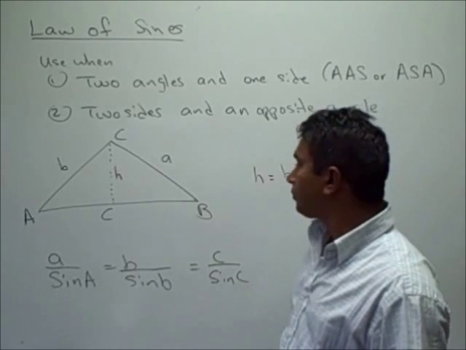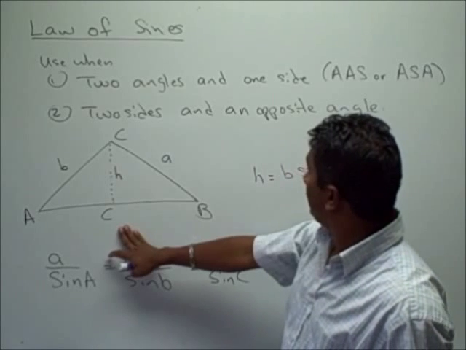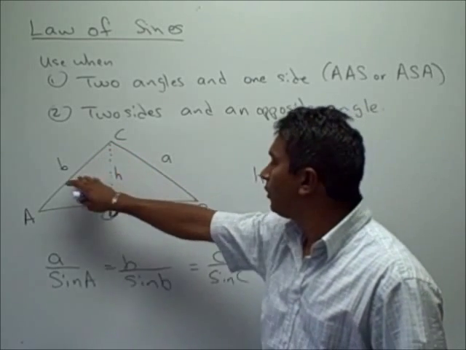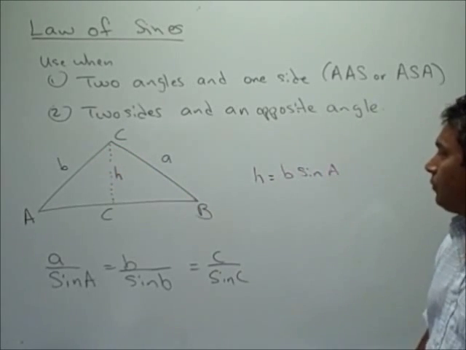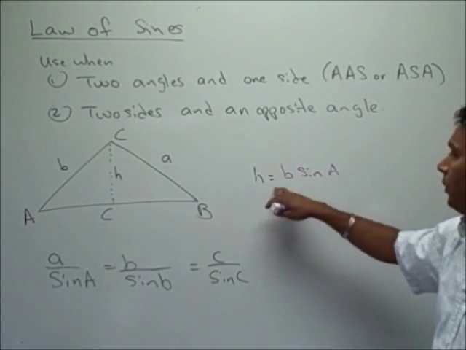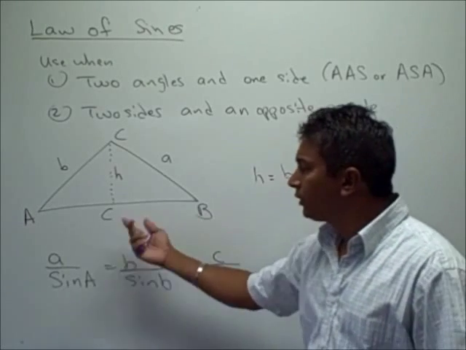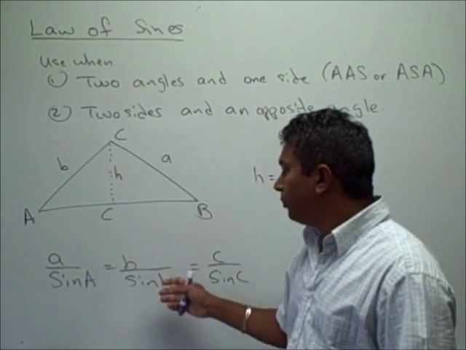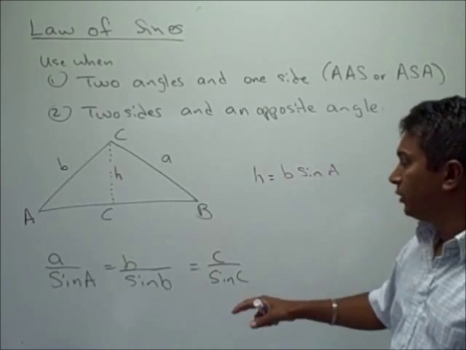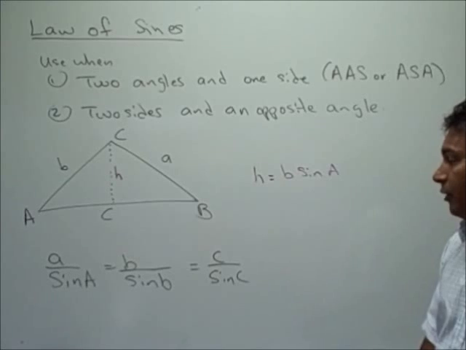So if we have, for example, side a and side c, then our opposite angle would either be angle C or angle A. Here, this is the height of our triangle, and we can find the height by using height is equal to b times the sine of A. So our sine rule is a over sine A is equal to b over sine B and c over sine C. An alternative form of this is the reciprocal: sine A over a is equal to sine B over b, which is equal to sine C over c.